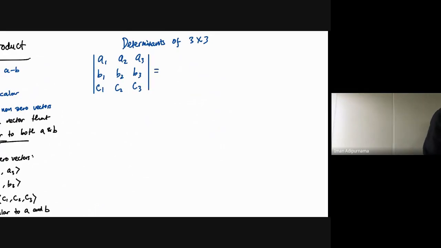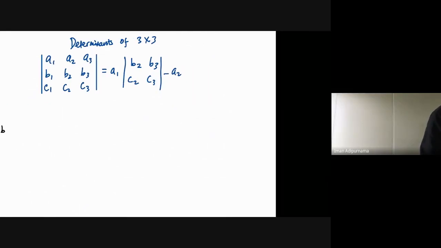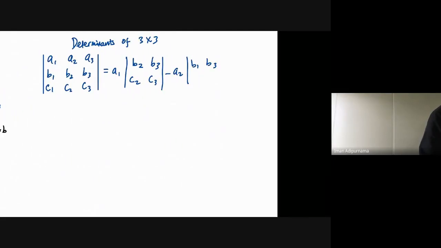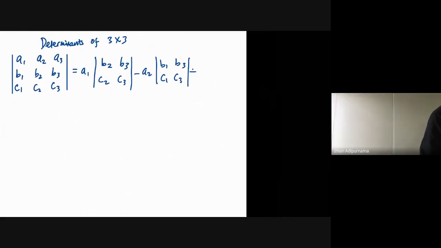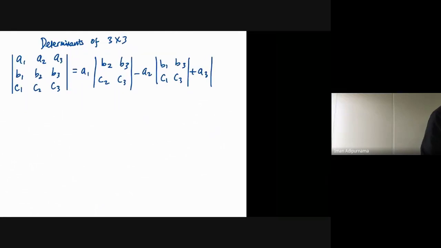The determinant will be A1 times the determinant of B2, B3, C2, C3, and then minus A2 times B1, B3, C1, C3, and then plus A3 times B1, B2, C1, C2.